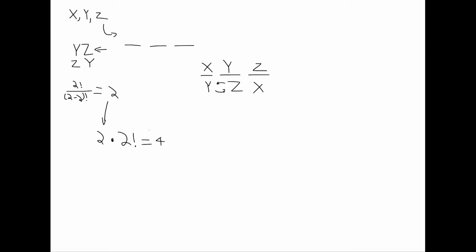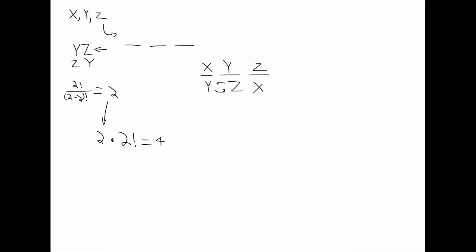Okay, so we multiply it by 2 factorial, and we talked about why you just take the factorial of how many elements there are to get the order of something, or the number of different ways you can rearrange something. But basically, whenever you take the factorial of a number, that's the number of ways you can reorder it.